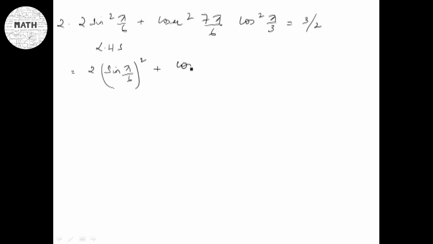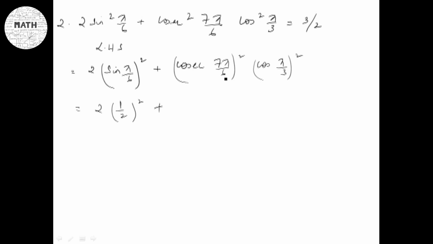So plus cosec 7 pi by 6, the whole thing square, and cos pi by 3 the whole thing square. So I can say 2 times sine pi by 6, that is sine 30, which will be 1 by 2 the whole thing square, plus now cosec 7 pi by 6.